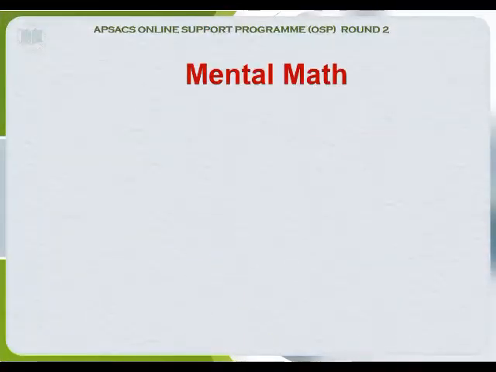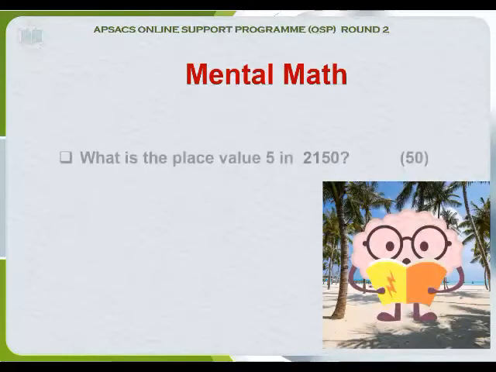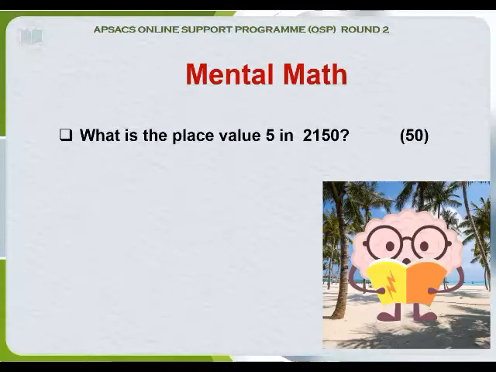Now students, let's start our mental math session. The first question is, what is the place value of 5 in the number 2150? As you see, 5 is at the tens place, so the value of 5 is 50.